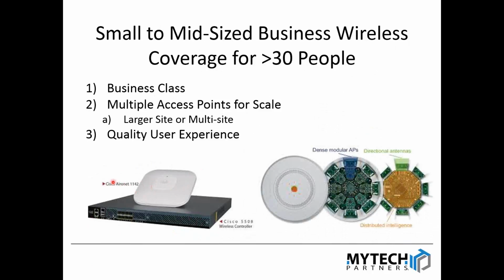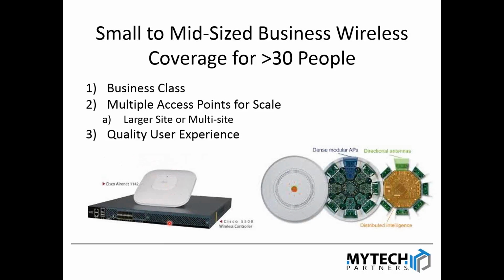There are a variety of AeroNet series: 1100s, 1700s, 2700s. So again, you have the option of deploying different types of access points with a given wireless controller, and those different access points may have different capabilities between multiple frequencies, multiple radios, the ability to provide external antennas for discrete use cases.